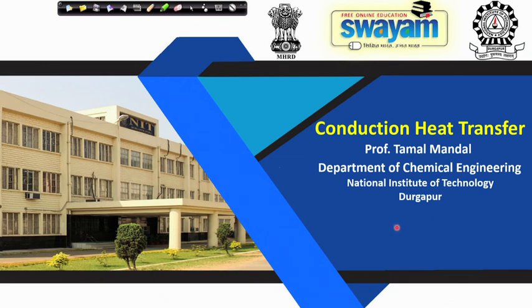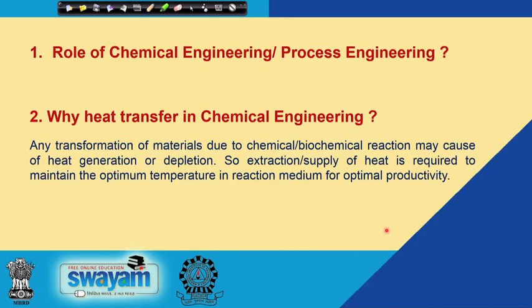Today, I am delivering a lecture on conduction heat transfer. The role of a chemical engineer is to produce useful materials for mankind, and process engineering also does the same.